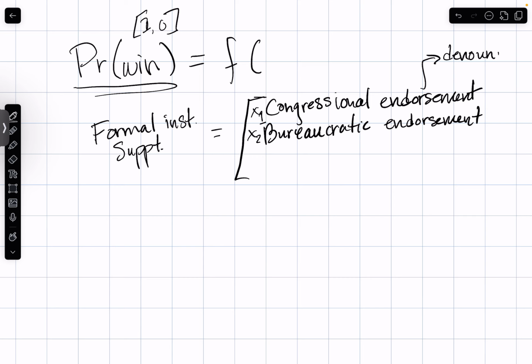And that means if a candidate does enough to, as I said before, piss off people, then they might go out there and say, this person is terrible and you shouldn't vote for him or her. So just thinking about it mathematically, this variable would range from positive endorsement to negative denouncements, right?